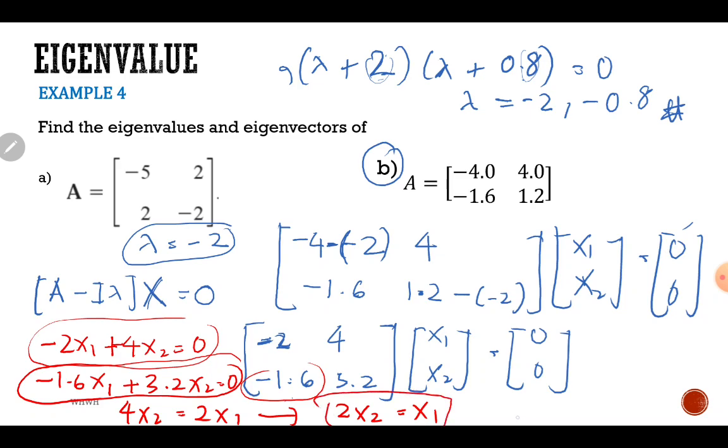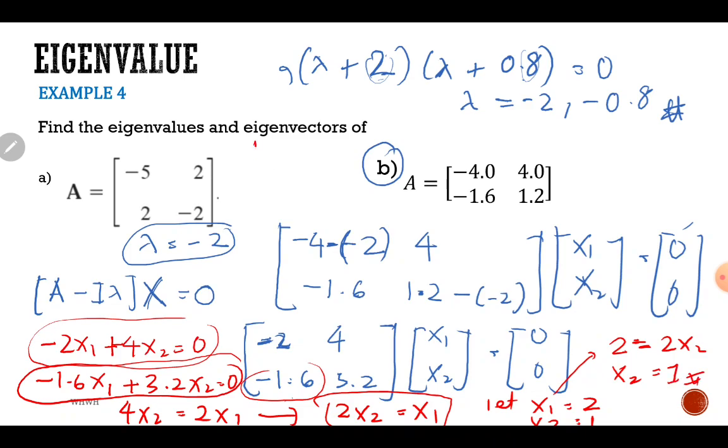So katakanlah saya let x1 equals to 2, then my x2 akan dapat sama dengan 1. Betul tak? Okay, because x1 sama dengan 2, 2 sama dengan 2x2. So my x2 is equals to 1. Simple je.